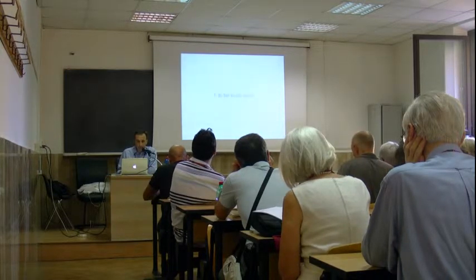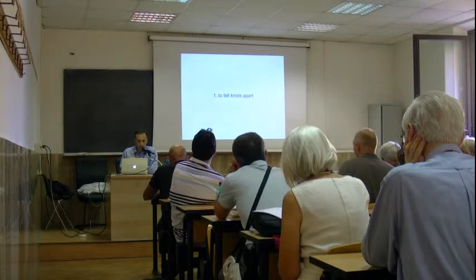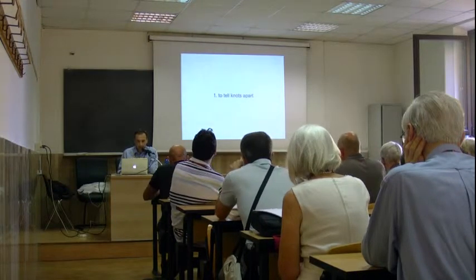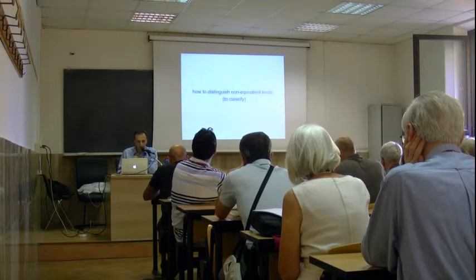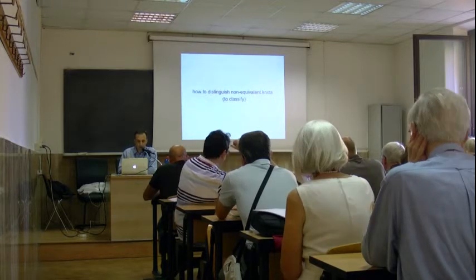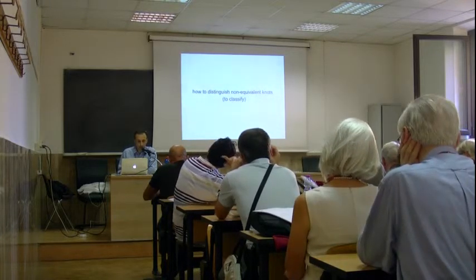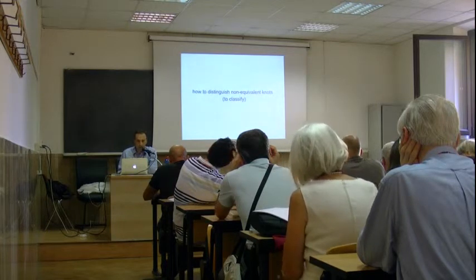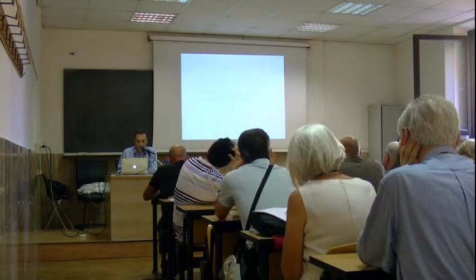That means that you have to solve the problem about telling knots apart, which in particular requires distinguishing non-equivalent knots, and so you have to produce a kind of classification of knots.